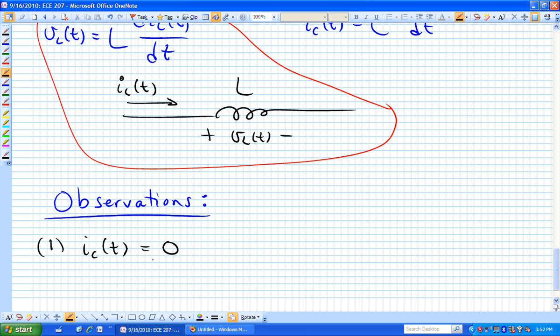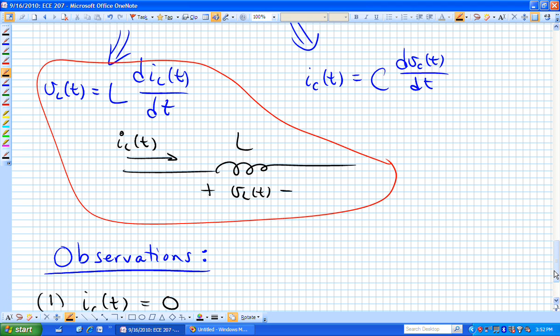When might we find I sub C, our current through the capacitor, being 0? Based on this differential relationship, which is why you're doing your differential equations class right before this one, so that you'll understand how to do this analysis.